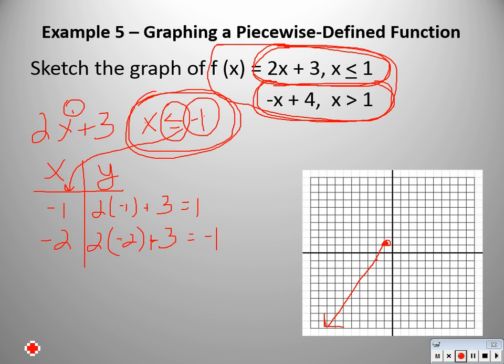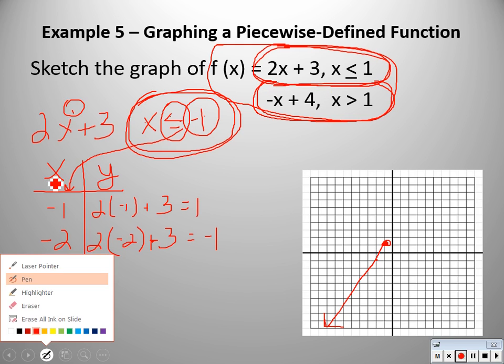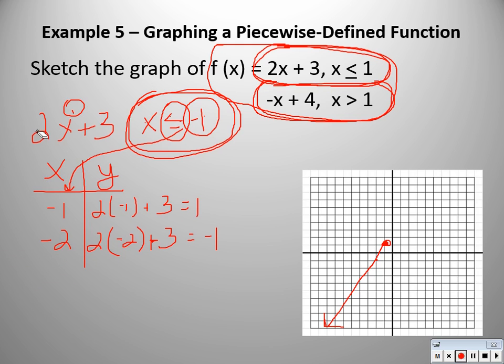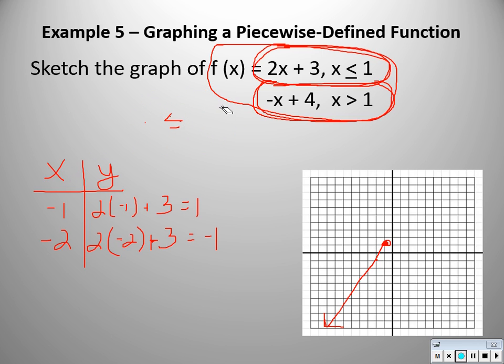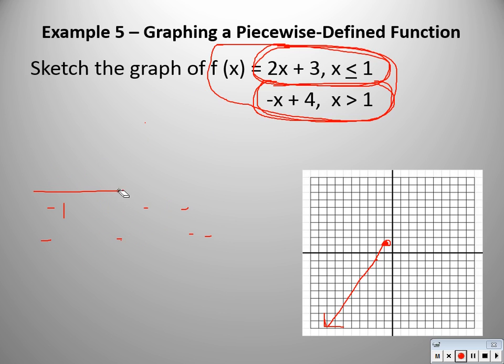So let me erase the table here, and I'm going to put this second piece into this. Let me get rid of this here. I'm going to do the second part of this, which is negative x plus 4, when x is greater than positive 1.